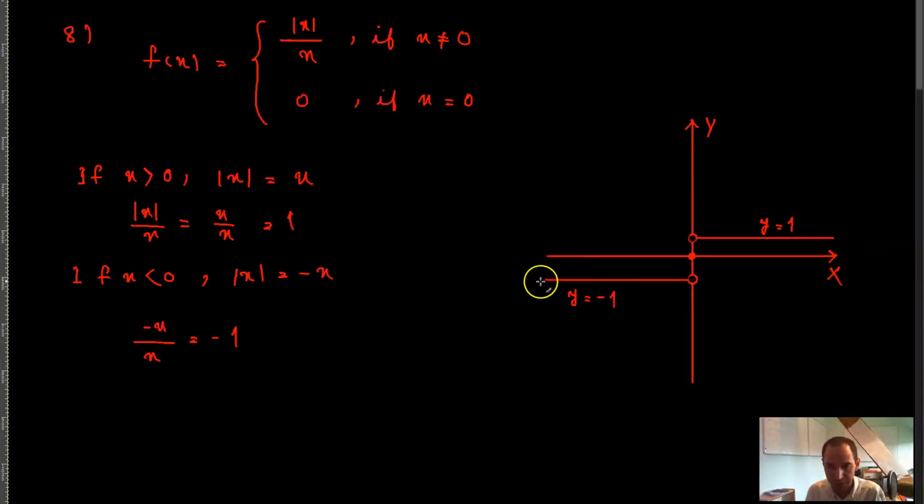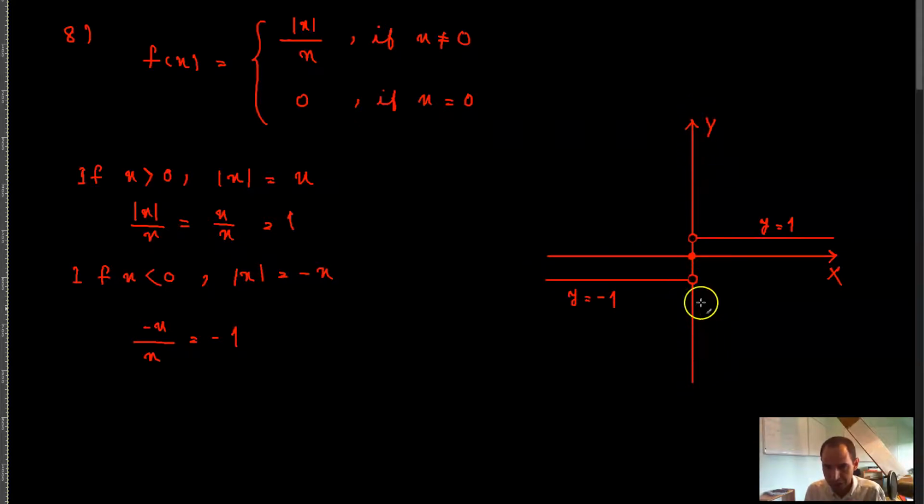So you can see that this function from negative infinity to 0 is of course continuous. It's a constant function, a straight line with slope 0, so it's continuous here.